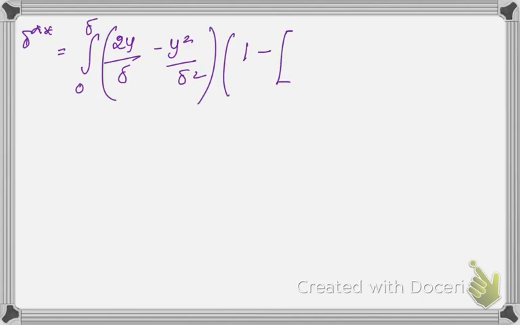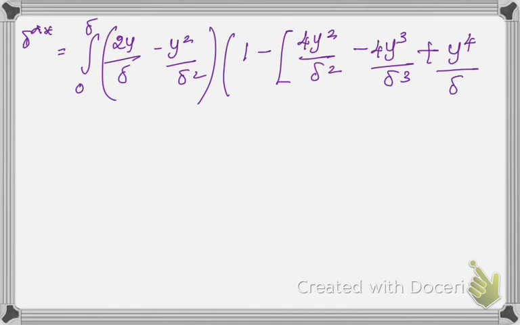I carefully put the bracket, which is 4y squared by del square minus 4y cube by del cube plus y power 4 by del power 4 into dy. Okay, now what I am going to do is take this minus sign inside.